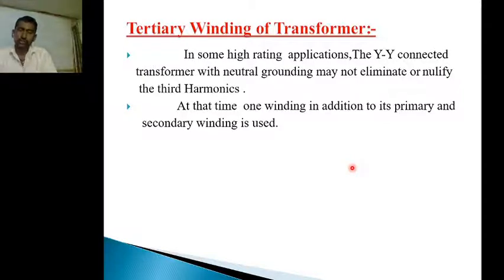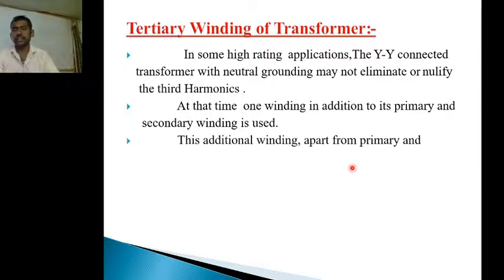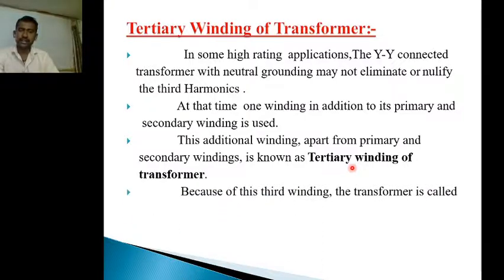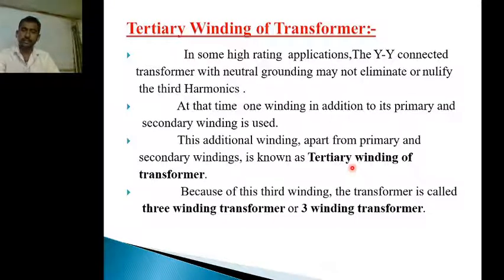At that time, we have to provide one extra winding. That winding is nothing but the tertiary winding of the transformer, and it will be in the form of a delta connection. Since it is delta connected, the third harmonics present in the transformer will circulate in the delta configuration itself.